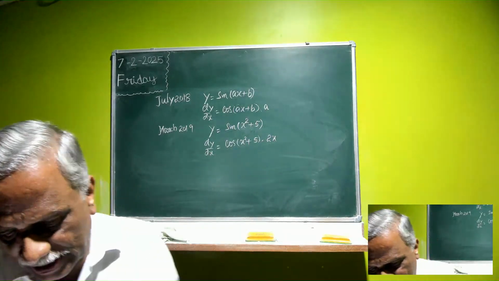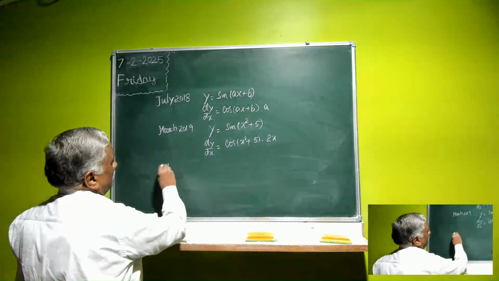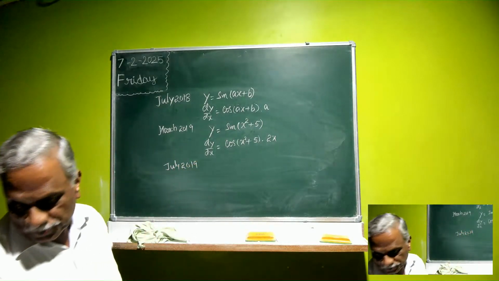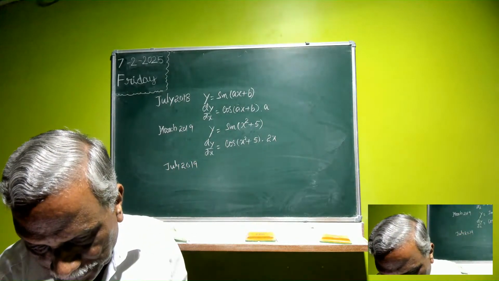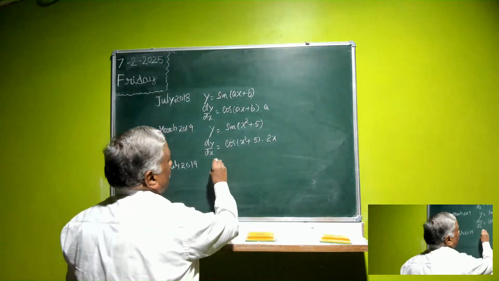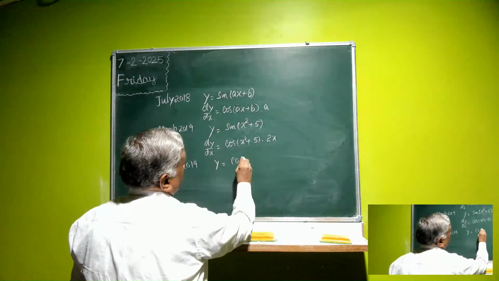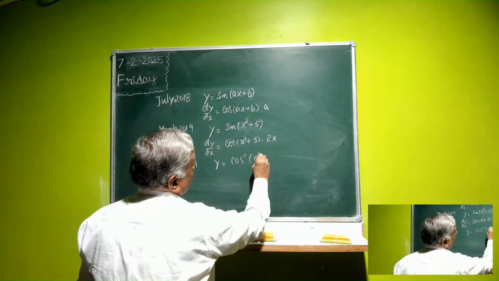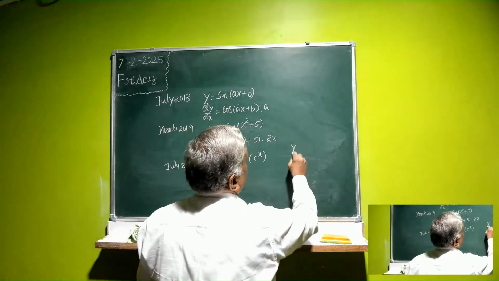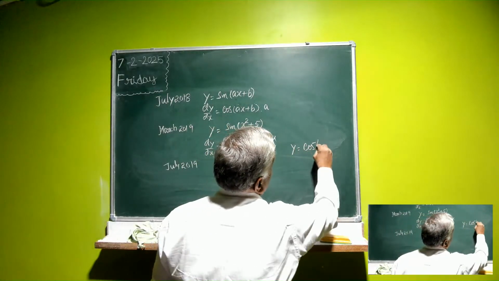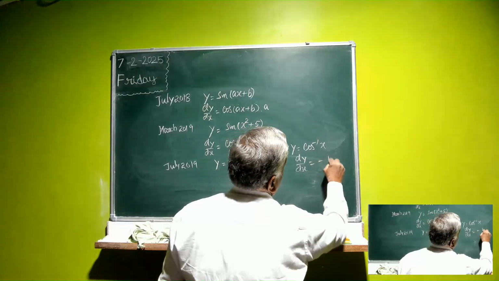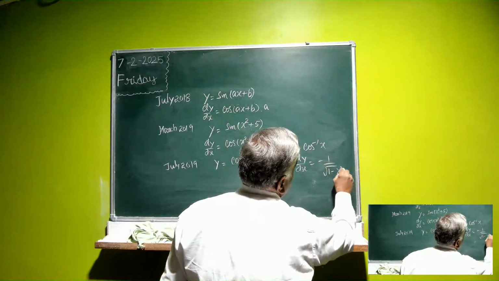Then July 2019. Y is equal to cos inverse of e power x. Again chain rule, you need to remember, if y is equal to cos inverse x, dy by dx is equal to minus 1 over root of 1 minus x square.